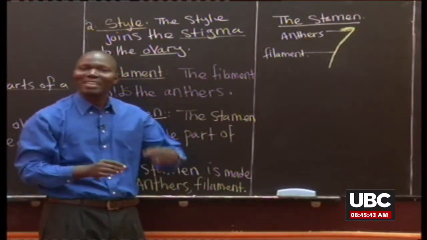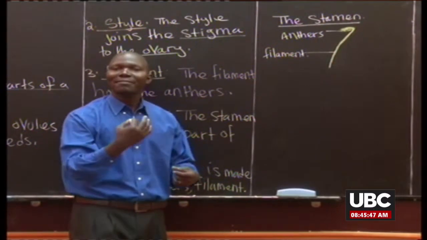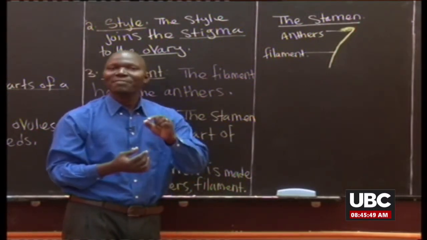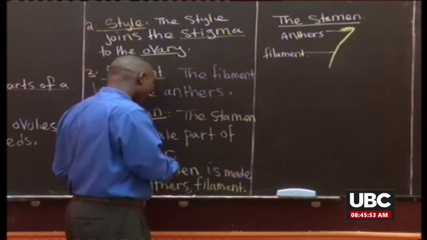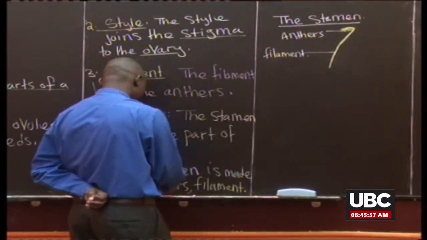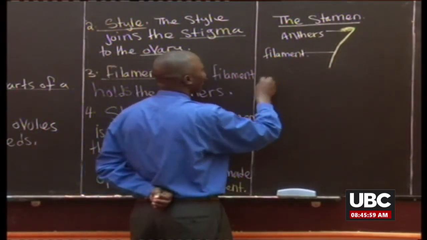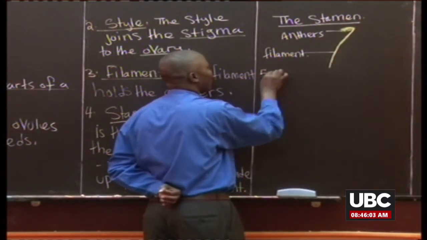After talking about the male, we should also talk about the female. The female part of the flower. And the name given to the female part of the flower, children, is what we'll be calling the carpel. So this becomes our point number 5.